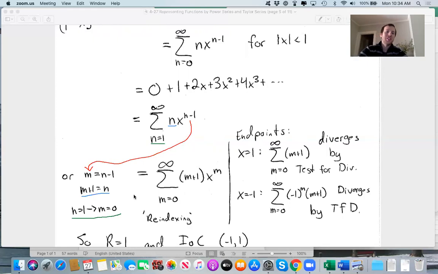So this is a move which is not really necessary, but sometimes textbooks or lecture notes will make it, and so it's good to at least see these two are the same series. If you write them out, you will write out exactly the same thing, but they're presented differently just to give yourself an exponent which is just a single number rather than n minus 1.